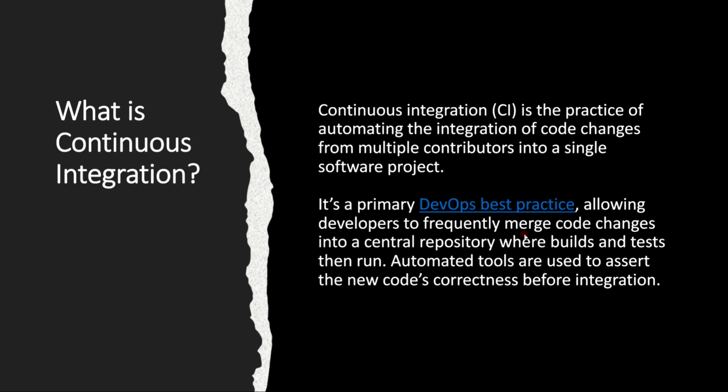It's a primary practice of DevOps that allows developers to frequently merge code changes into a central repository where builds and tests are run, and then automated tools are used to ascertain whether the code is correct before it is integrated into the production branch.